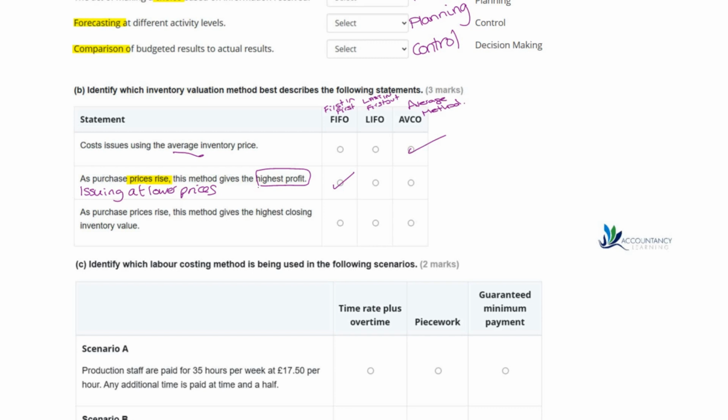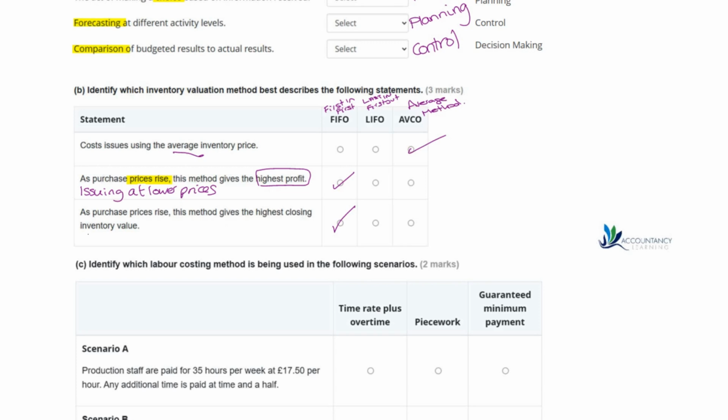As purchase price rise, this method gives the highest closing inventory value. So this is where we're going to be looking at what the balance is. So if the purchase prices are rising, we're going to be taking the first stock out. So we're looking at FIFO here because the latest stock is left.